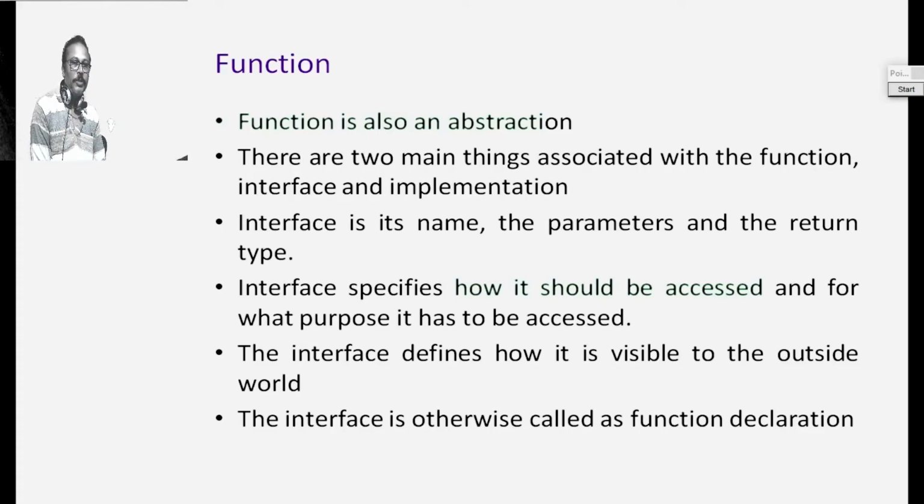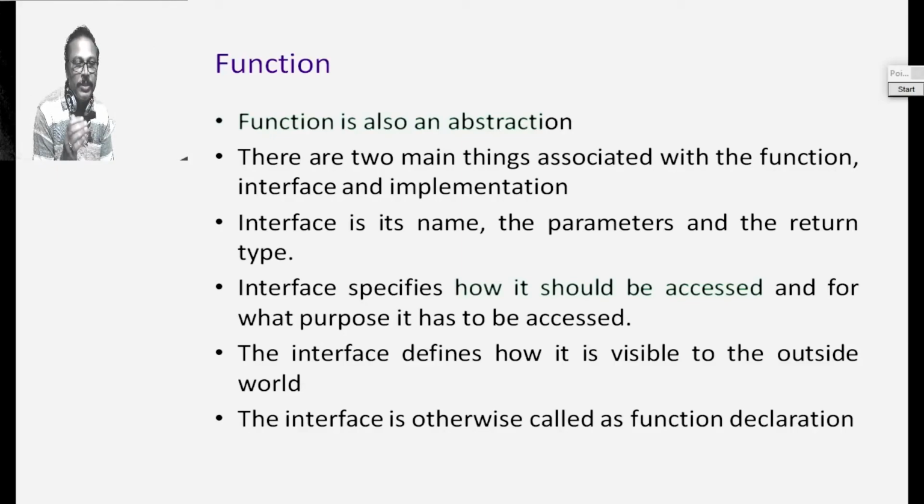Function is also an abstraction. In programming, functions will be there. In fact, we discussed this print example. That is nothing but an example of a function. So function again differentiates between interface and implementation.